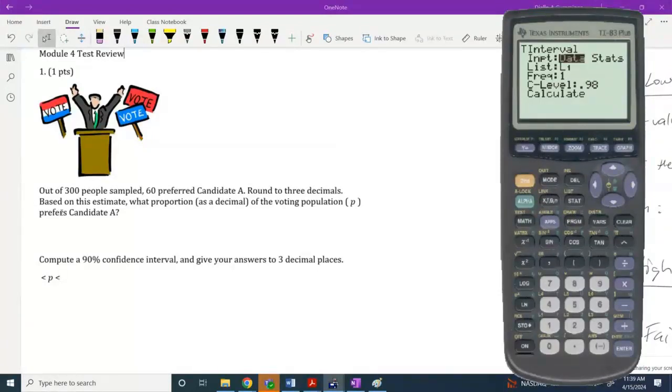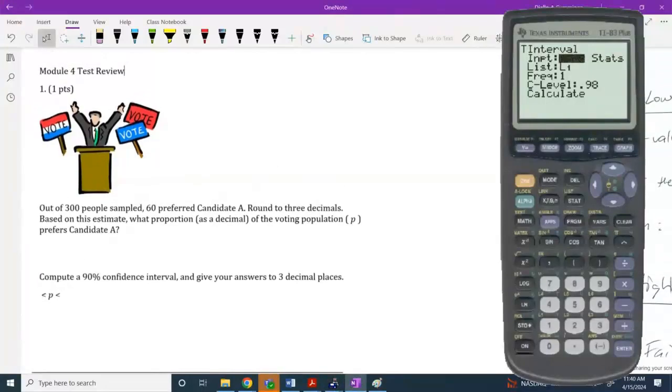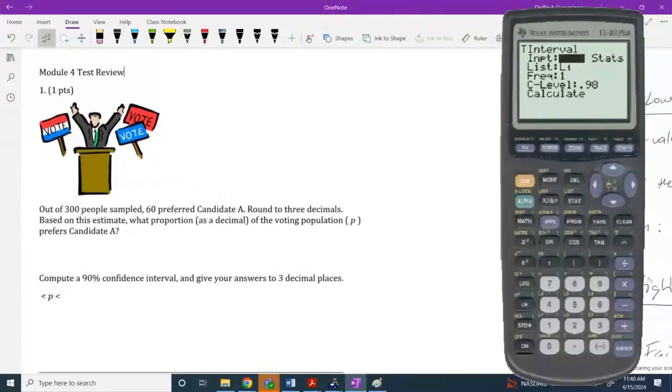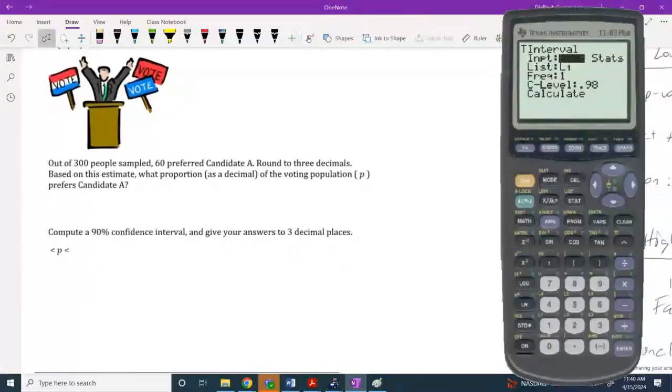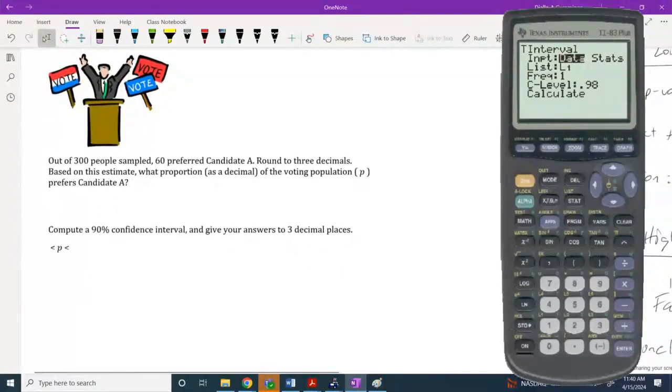Based on this estimate, what proportion, and they want you to write that out as a decimal, of the voting population prefers candidate A? All right. So now on this actual problem, there's actually 2 questions. There's an A and a B.